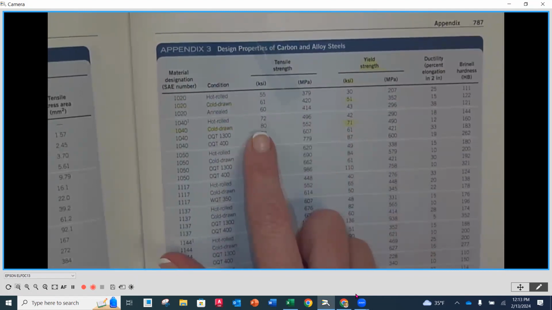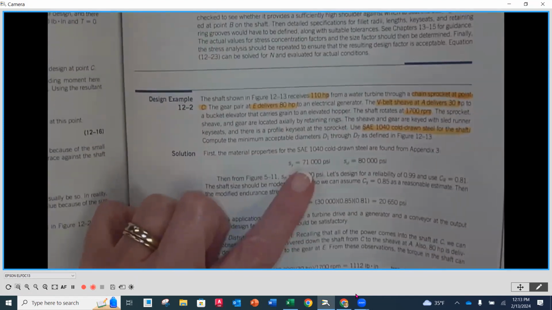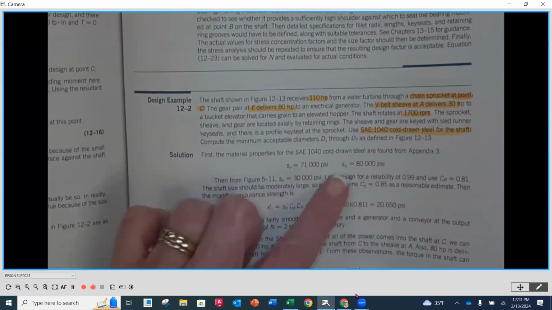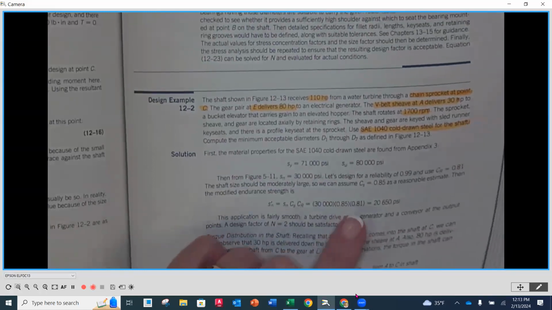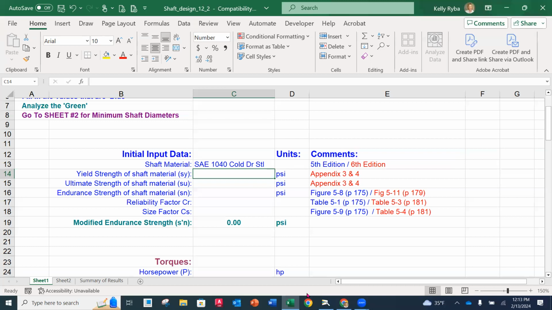And then the tensile strength is the ultimate strength as well. So it's going to be 80. So 71 and 80. You're going to notice in the book, they found those same 2 numbers as well. So we're going to input those into our spreadsheet. So the yield strength is going to be 71,000 and 80,000 for our ultimate strength.